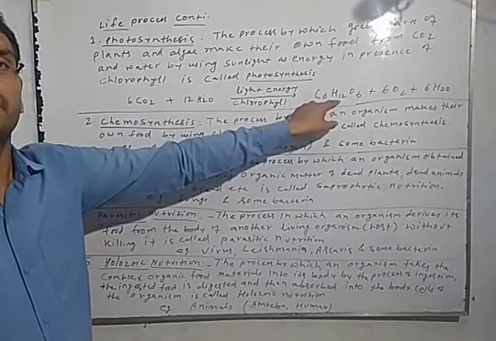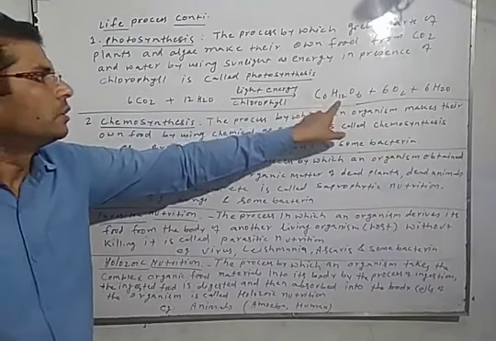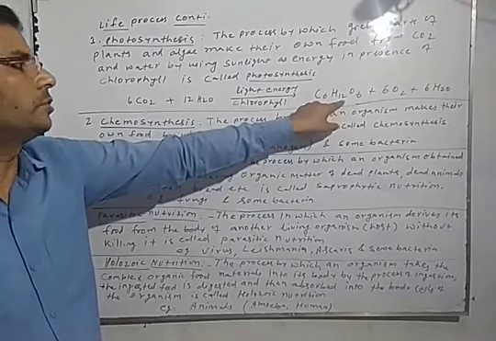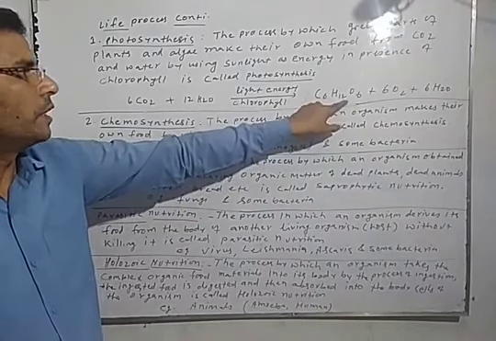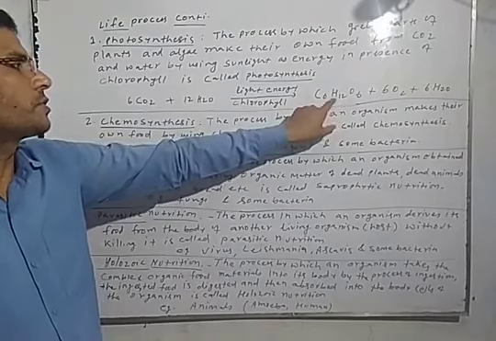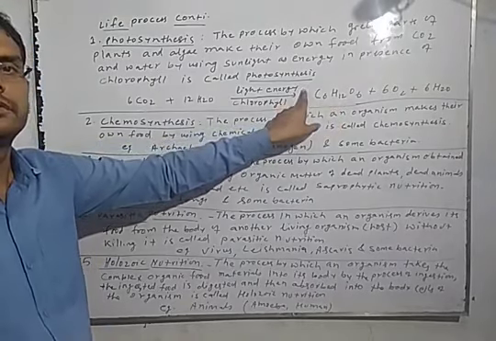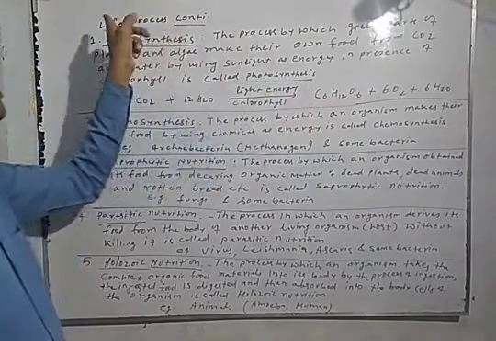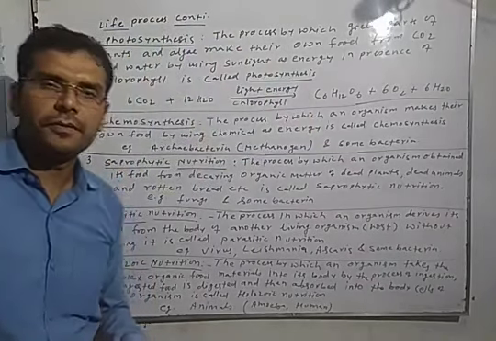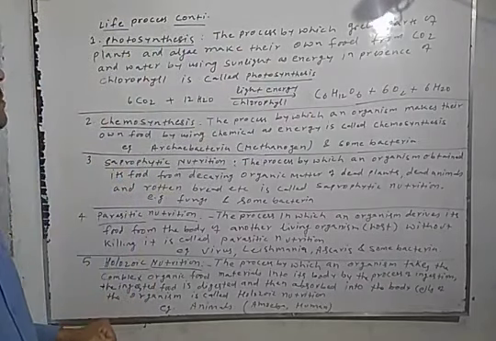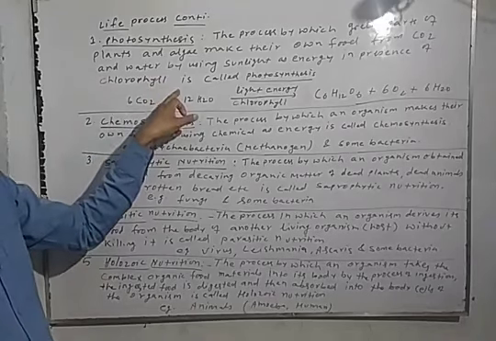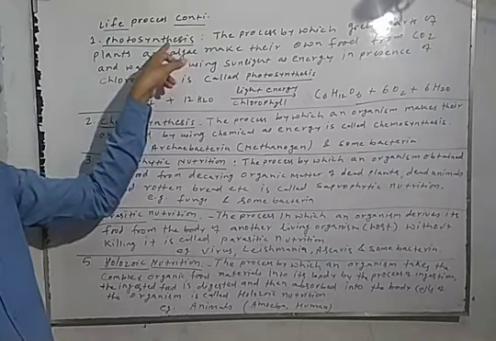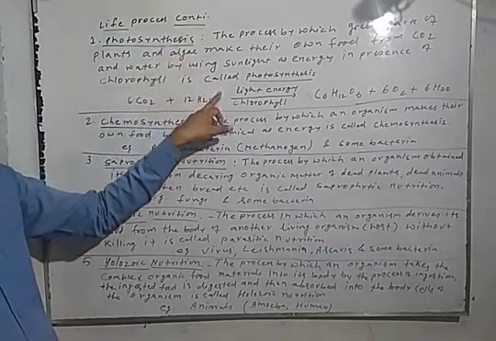Glucose is a type of carbohydrate. We already know that carbohydrate is a type of nutrient, the part of food, and that part of food is synthesized with the help of sunlight, light energy. So this process is called photosynthesis. In this chapter we will go through details about photosynthesis, so here are only definitions.